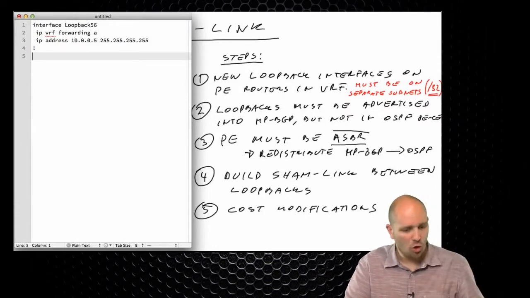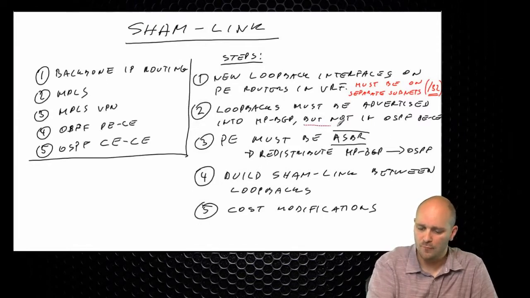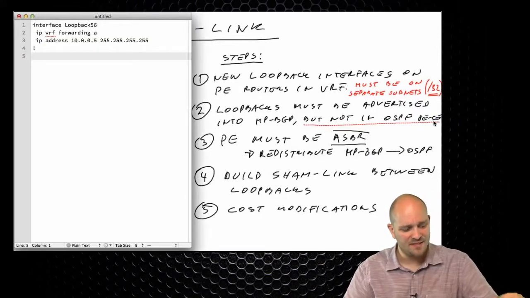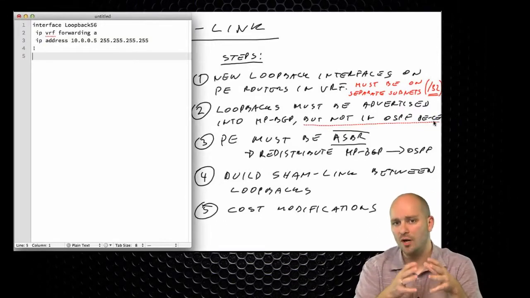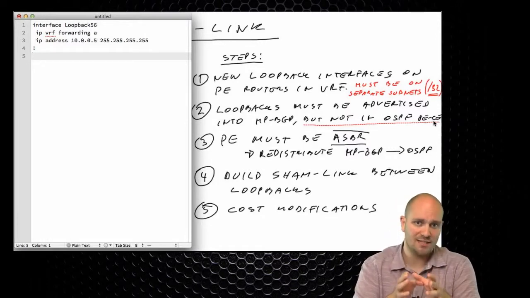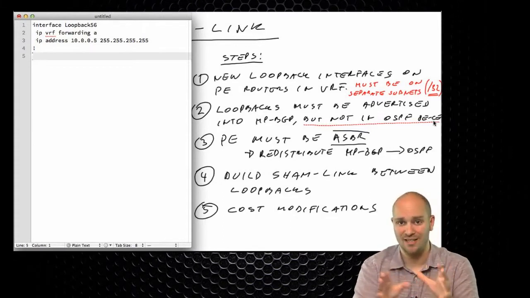Now, this not in OSPF is the step that is usually not mentioned in these steps, but I have seen situations when the PE router would refuse to even initiate the sham link if it had the endpoint of the sham link in the OSPF database. Now, to avoid that situation, this is why I personally like to take an extra step to ensure this doesn't happen.